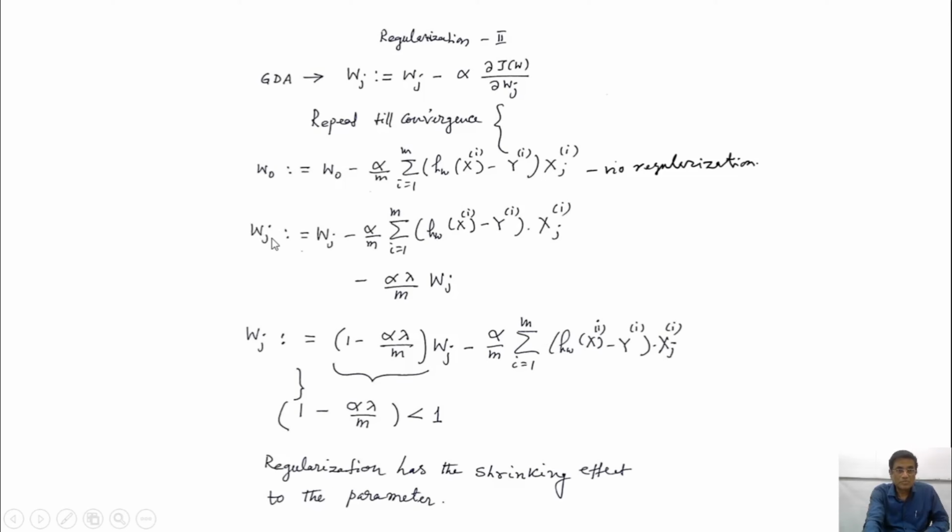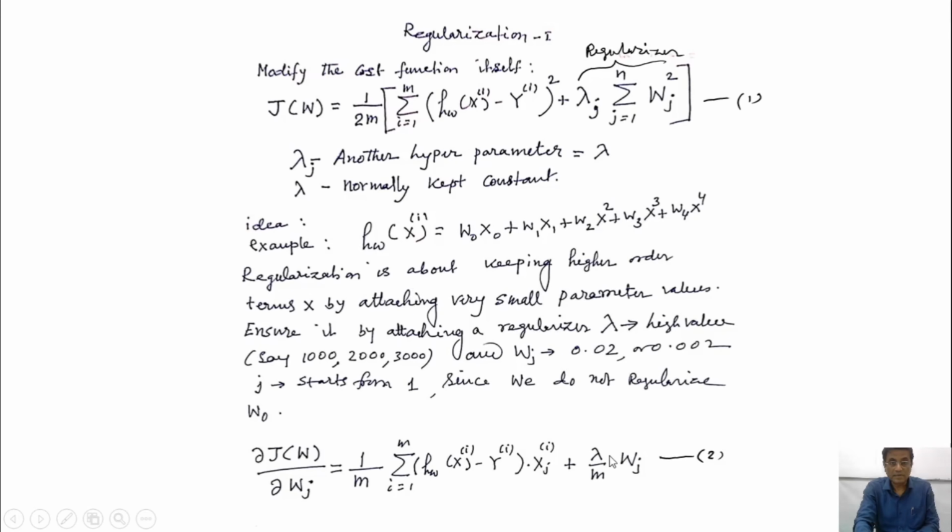So wj, for j equals 1 to n, the number of features we have taken, is assigned the earlier wj minus this, which you have already seen. The GDA weight update, the parameter update, now has another term which has come in, you see here: 1 by 2m, lambda. The 2 cancels out, so lambda by m remains.